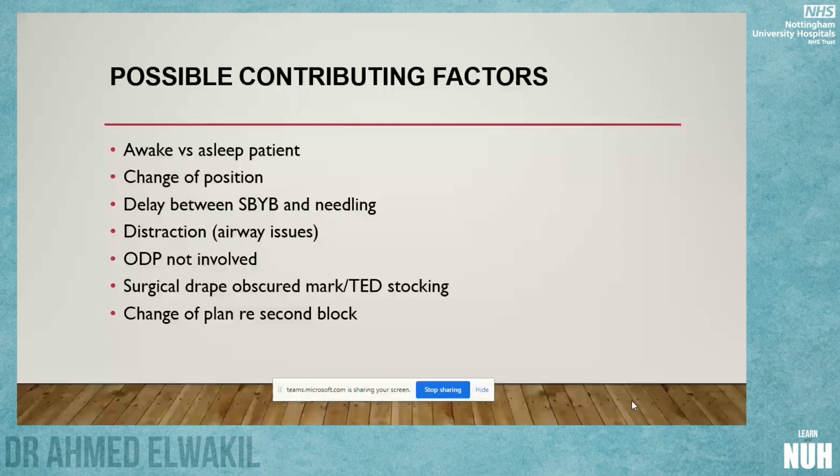For example, if a patient receives spinal anesthesia and then we are giving him a lower limb block after a difficult or time-consuming spinal, these are the causes that lead to the problem of the wrong-sided block.